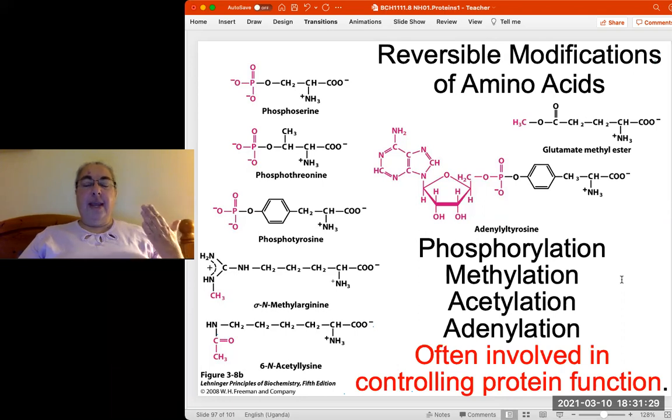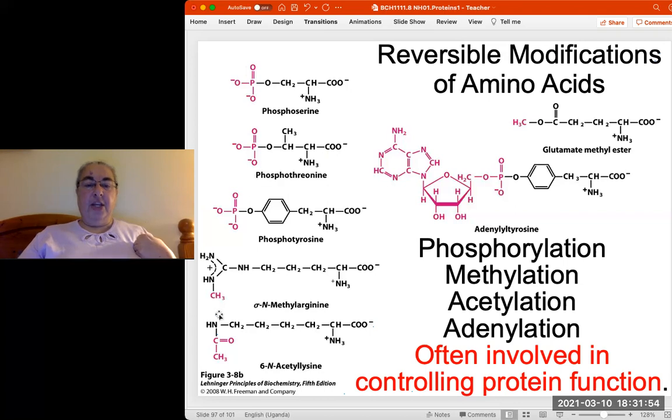And this can be important in controlling the function of that protein. So here, for instance, is a serine with a phosphate group added to it. This group can be added or removed very easily in a phosphorylation and dephosphorylation reaction.